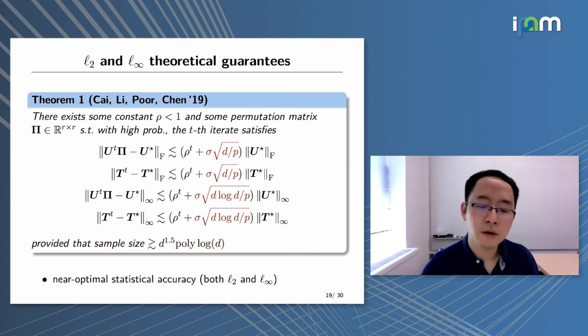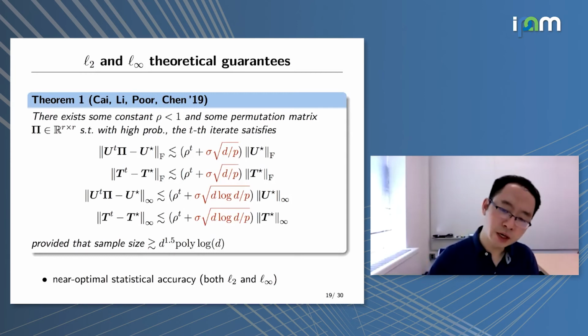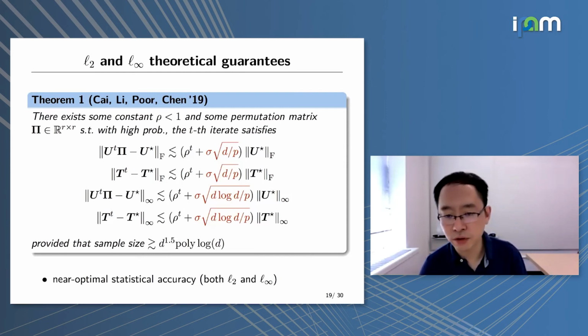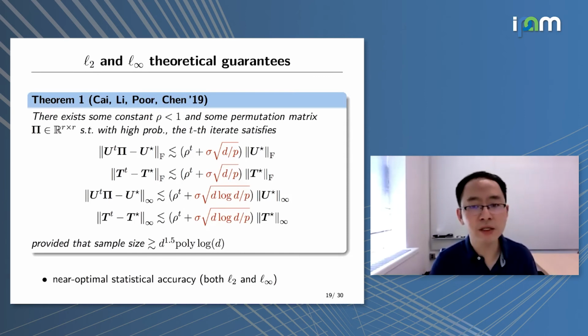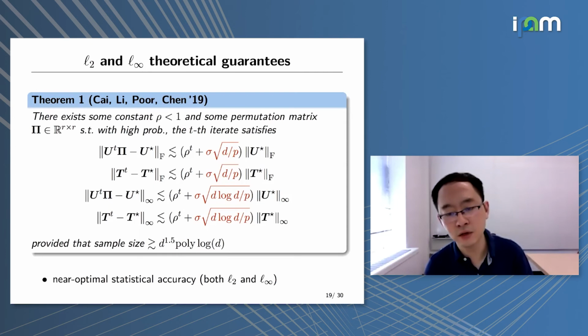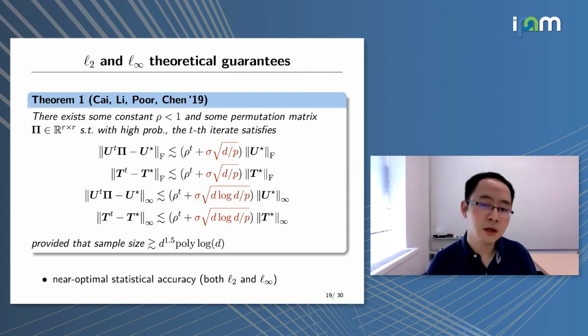The third message is that, let's look at the error floor. Just to remind you, sigma is the standard deviation of the noise. If sigma is 0, which is the noiseless case, it means the algorithm converges exactly to the ground truth.